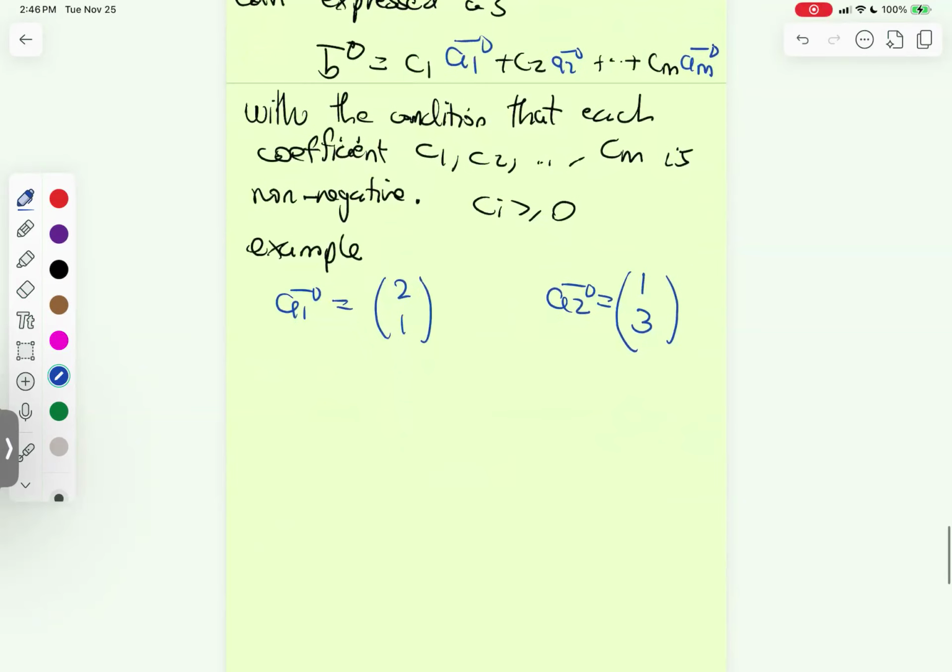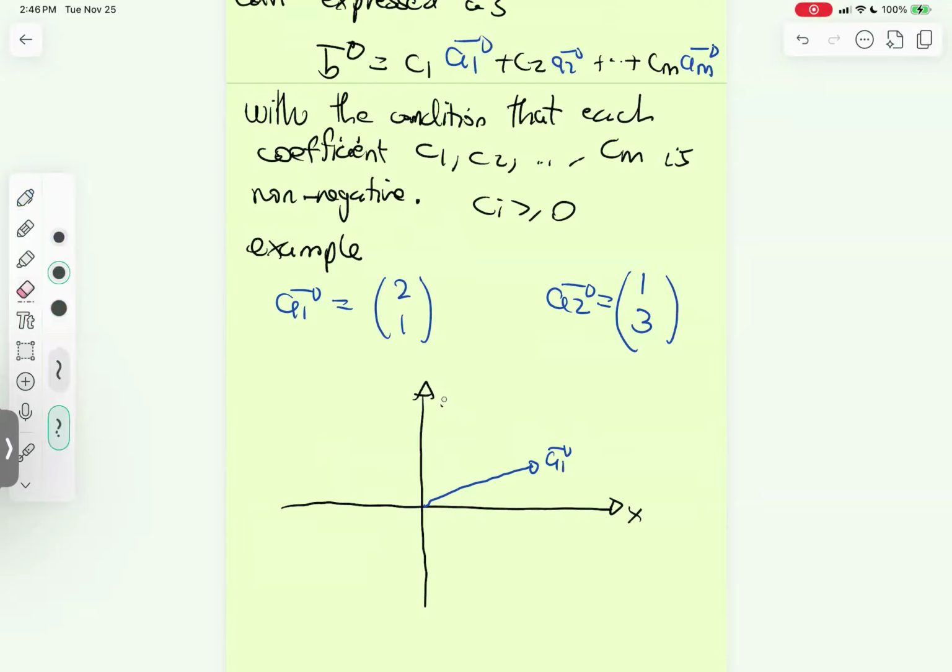So 2, 1 is somewhere in here, maybe, and 1, 3 is maybe somewhere in here.